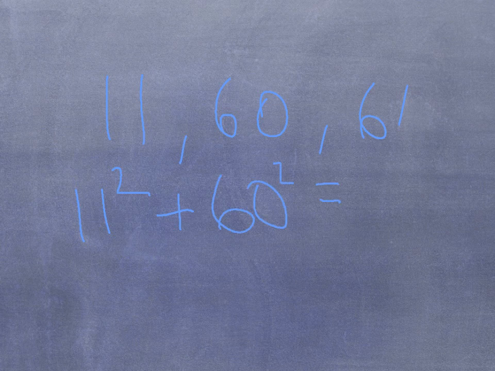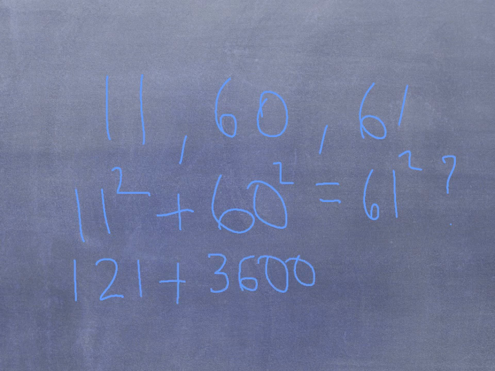Let's see if 11, 60, 61 fits. You better have your calculator ready. 11 squared plus 60 squared needs to be equal to 61 squared. 11 squared is 121. 60 squared is 3600.